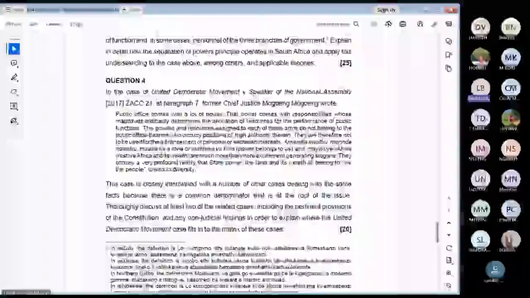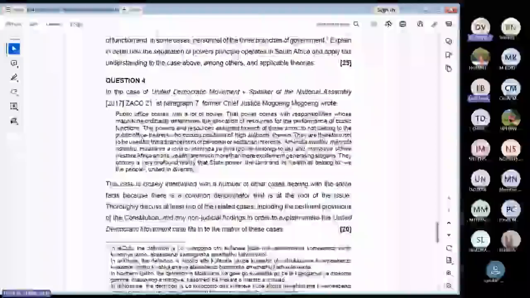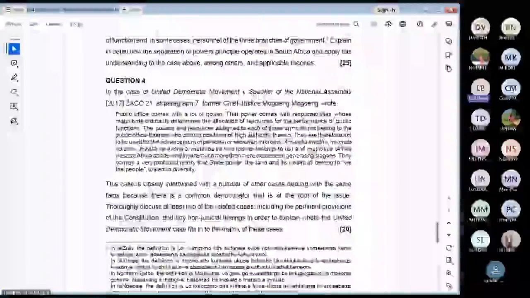And we can also mention that the facts of each case are that in the EFF versus Speaker case, it was instituted against the Speaker of the National Assembly after the conclusion of the Nkandla report, which was done by the Public Protector, who is one of the established institutions according to Section 181, subsection 1.